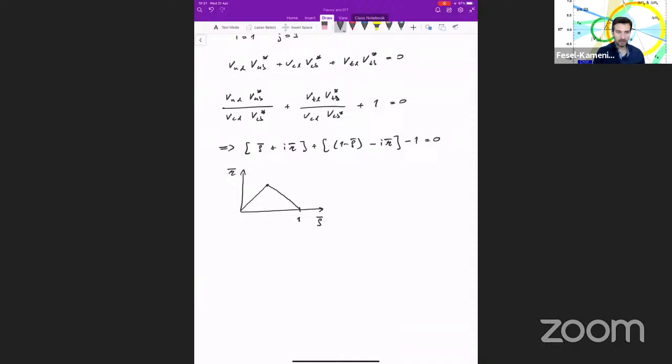The angles and the sides of this triangle turn out to be invariant under any phase transformations of the quark fields, so any reparametrization of the quarks, and so they are observable quantities.